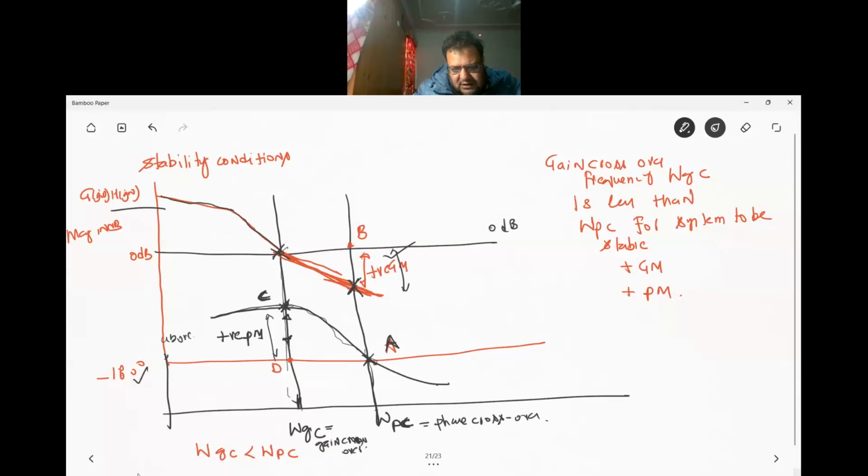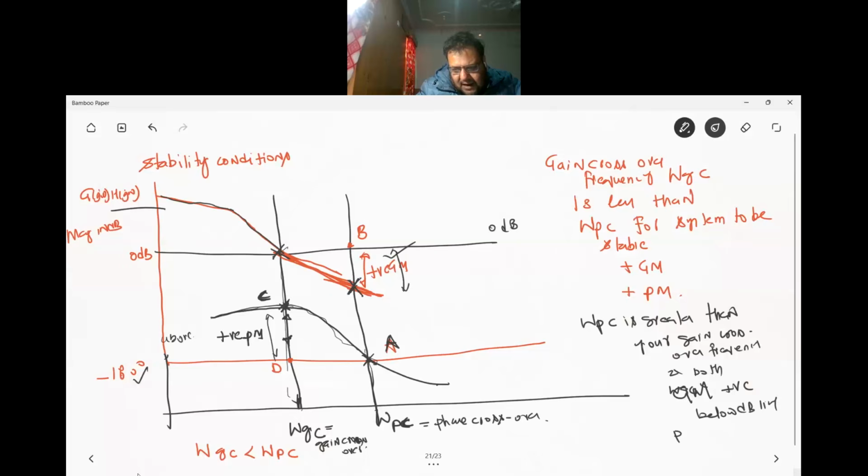Now you notice here, your phase crossover frequency is greater than your gain crossover frequency. Both gain margin and phase margin are positive, because the gain margin cut is below the 0 dB line, and the phase margin cut is above minus 180, hence we say it is positive.